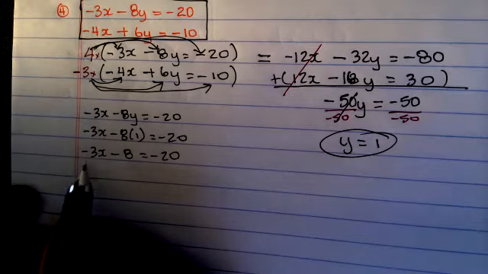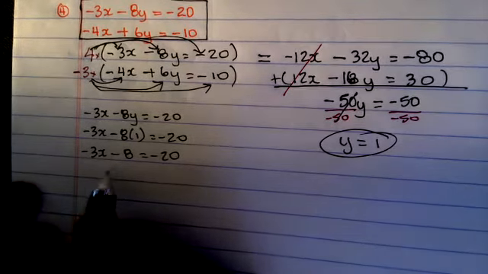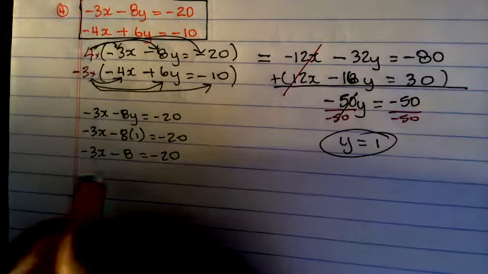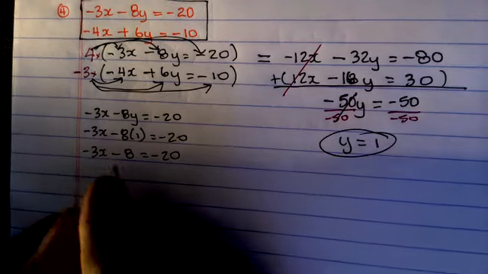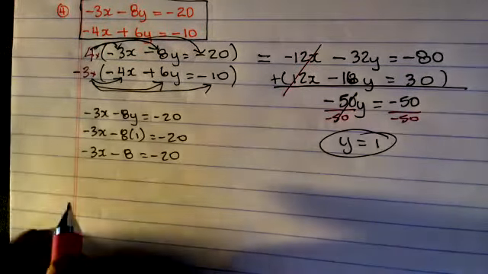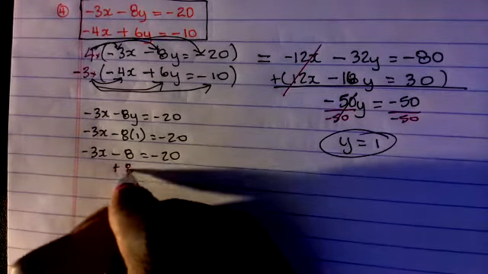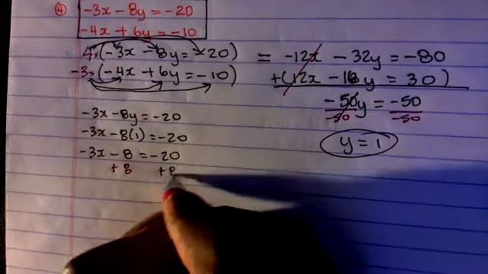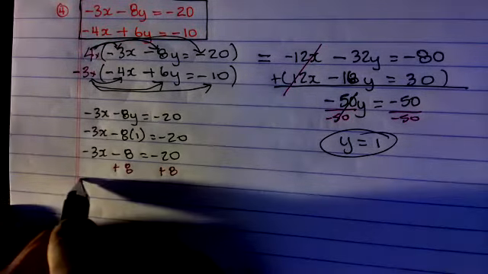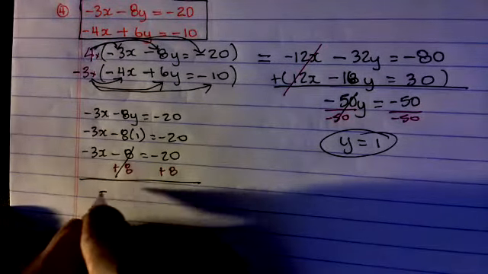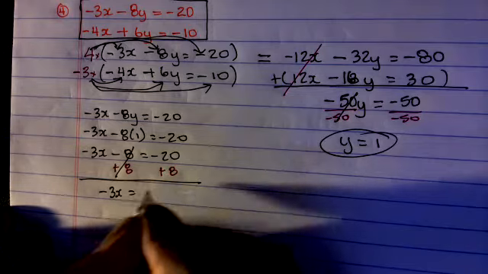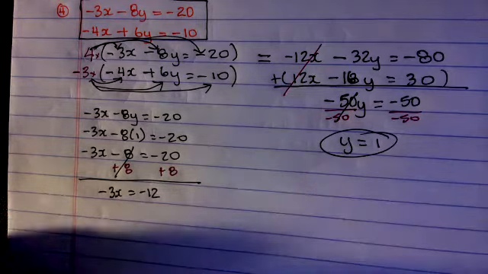Now I need to solve for x. The first opposite operation is to get rid of the negative 8, so I'm going to add 8 to both sides. When I add 8 to both sides, these cancel. Negative 3x is equal to negative 12.